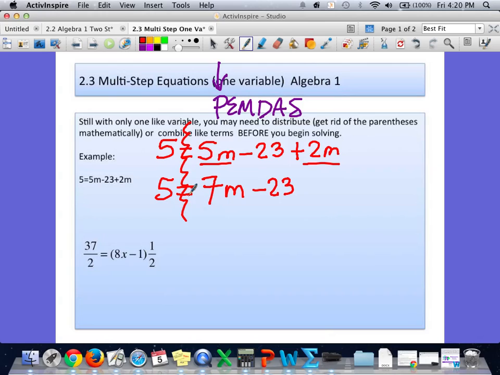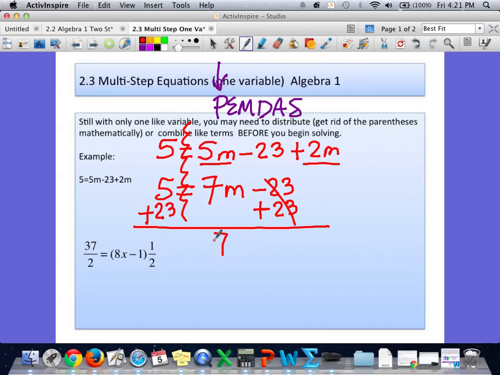All right, so I have 5 equals 7 times m minus 23. Well, minus 23 has to go first. So I'm going to add 23 to both sides. When I do that, negative 23 plus 23 is 0.